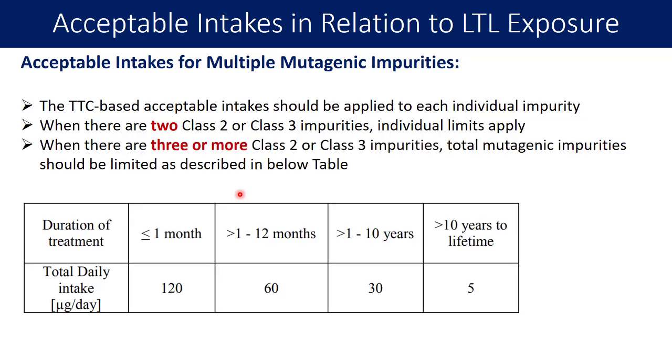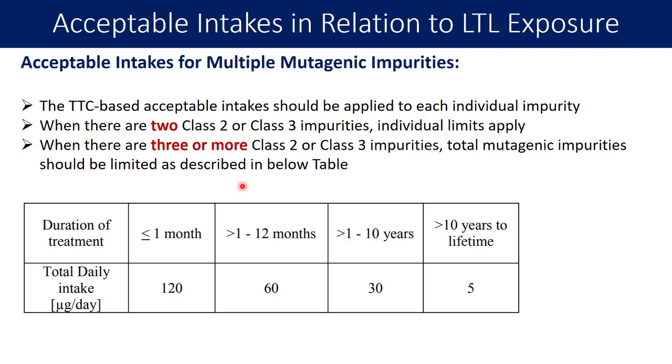Now when there are 3 or more class 2 or class 3 impurities, maybe only 3 class 2 impurities, or maybe only 3 class 3 impurities, or maybe 2 class 2 impurities and 1 class 3 impurity, but altogether you have 3 or more mutagenic impurities, then the limit as described in the below table needs to be followed.